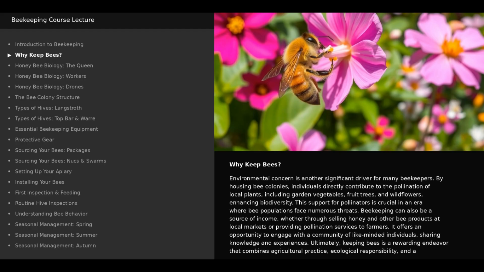Beekeeping can also be a source of income, whether through selling honey and other bee products at local markets or providing pollination services to farmers. It offers an opportunity to engage with a community of like-minded individuals, sharing knowledge and experiences. Ultimately, keeping bees is a rewarding endeavor that combines agricultural practice, ecological responsibility, and a passion for nature.